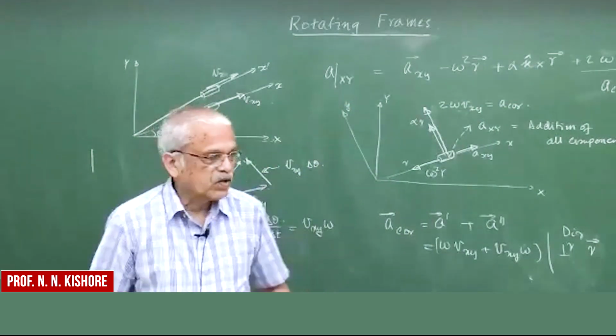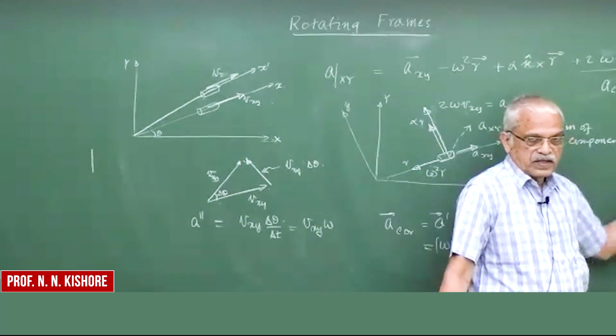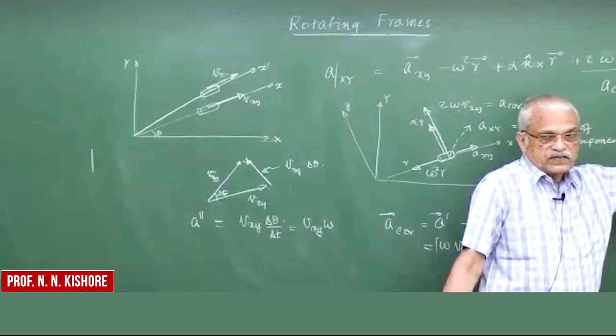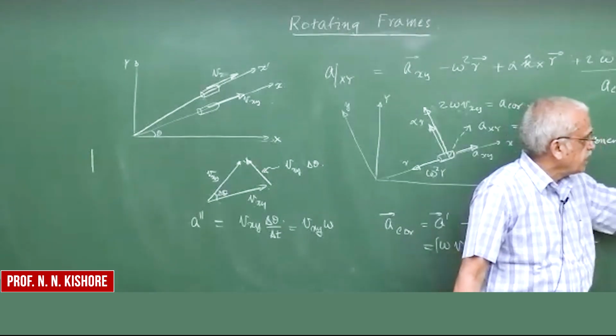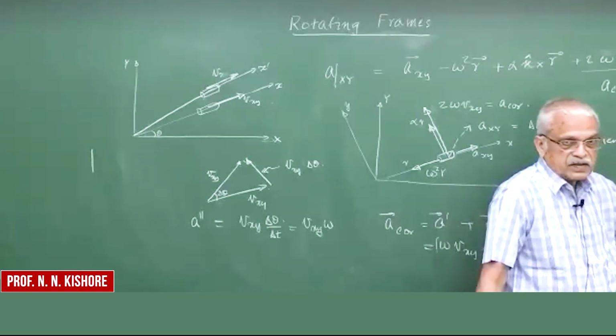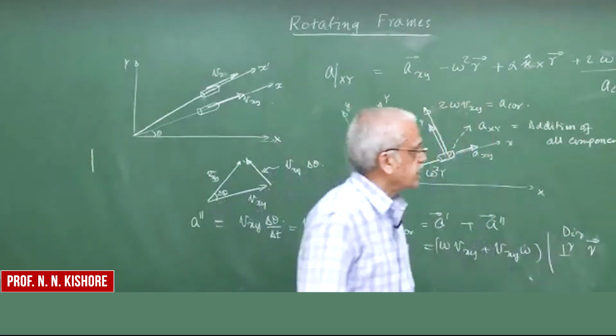It has arisen because something which is not observed in the small xy frame is that the V itself is changing. The tangential velocity is changing because of the presence of V, because there is a change in the radial distance.